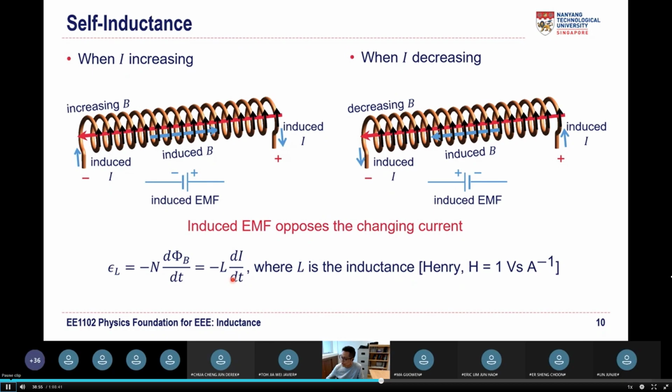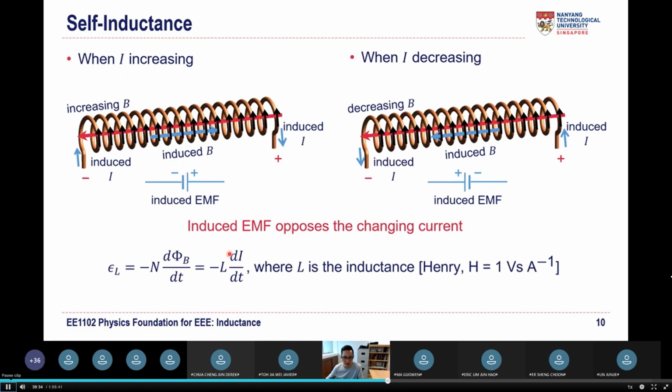This is the change of the current, and how much EMF is induced per rate of change of electric current is going to depend on the general geometry and shape of this coil. Okay, and that is called the inductance. So inductance is given by the system itself, how it is shaped and what sort of material is there, and is this a vacuum or is this filled with some other material?